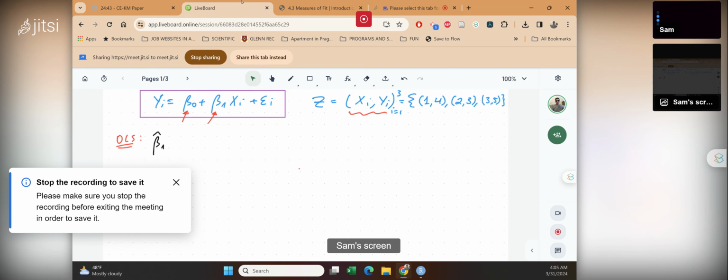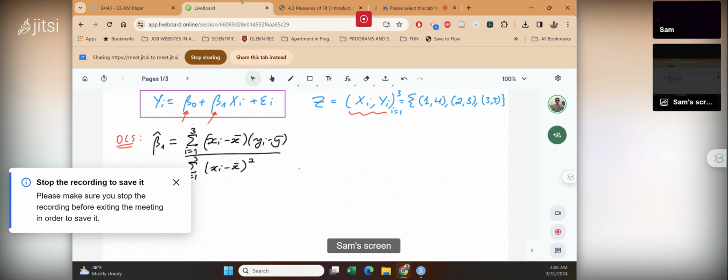We know that beta 1 hat is equal to the sum, i goes from 1 to 3, of xi minus x bar times yi minus y bar, divided by the summation, i goes from 1 to 3, of xi minus x bar squared, right?